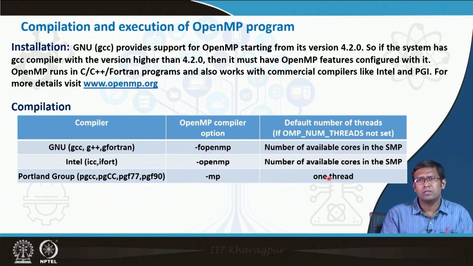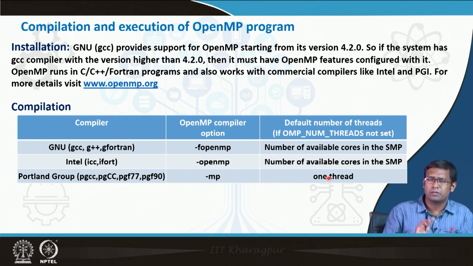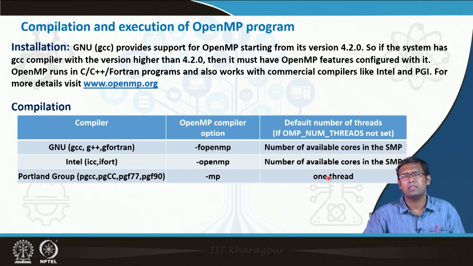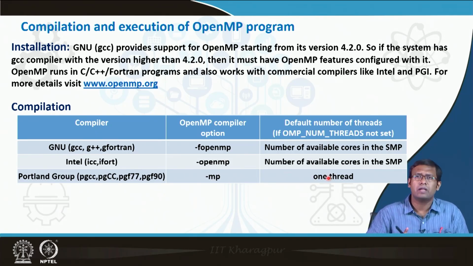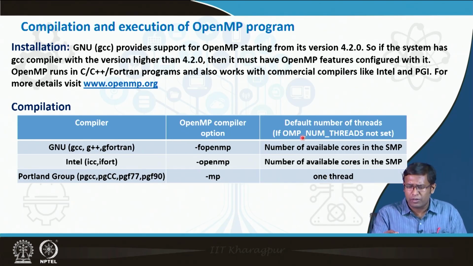If you have to launch it in multiple threads, the program is the same. If you simply run the executable, it will run as a sequential program, because it will launch only one thread. If you have to launch it in multiple threads, you have to again use this environment variable, which I will show you in a while, and set the number.